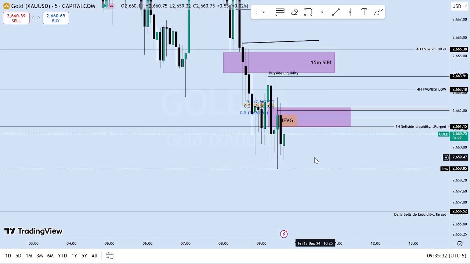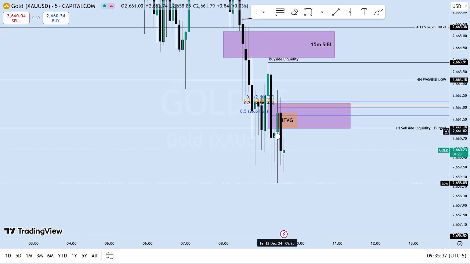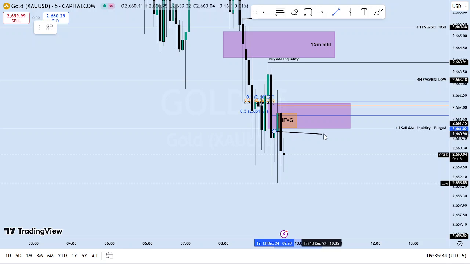In 5 minutes we have created this last close candle order block.